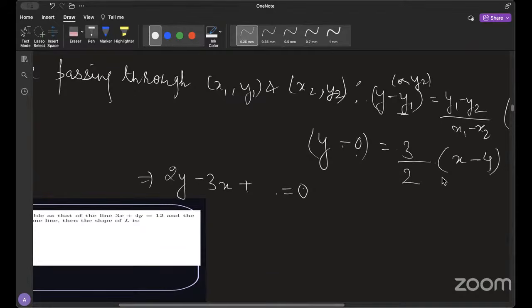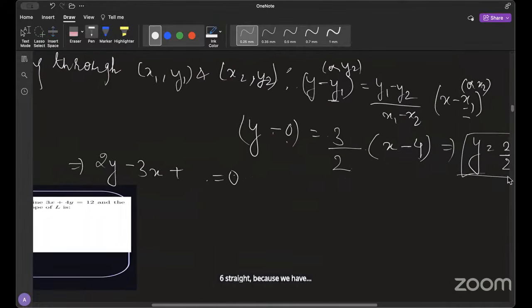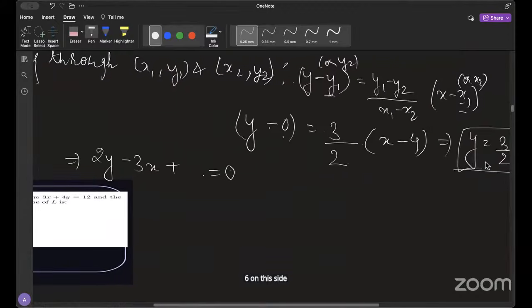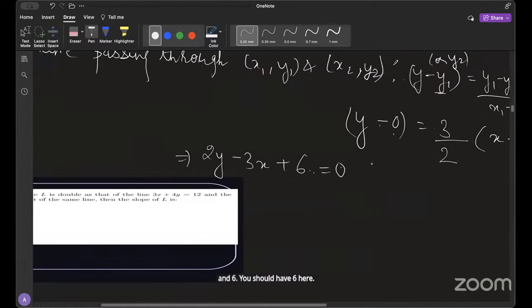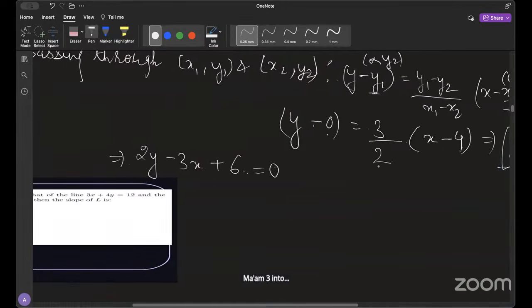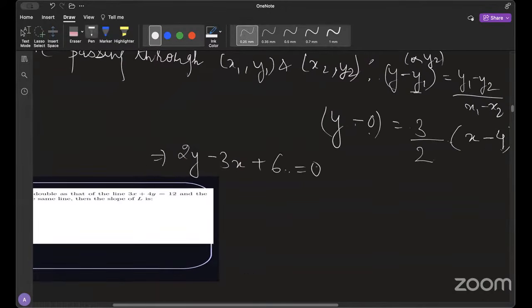Then it should be 6, right? Because we have 6 on this side. 2y minus 3x plus 6. We should have 6 here. Ma'am, 3 into 4 by 2. We have a 2 here.